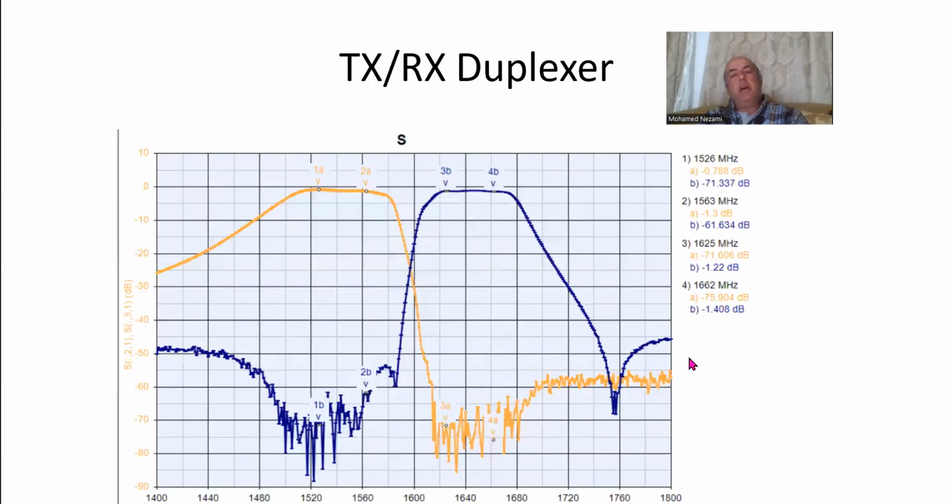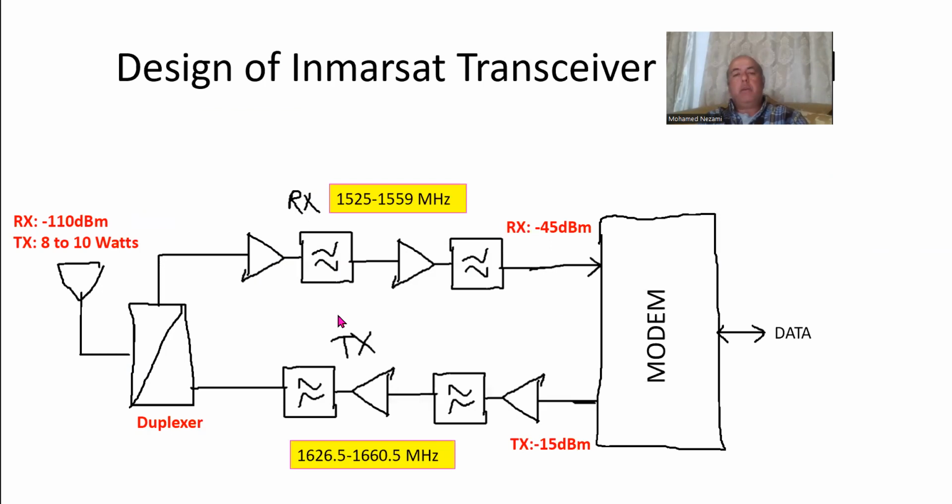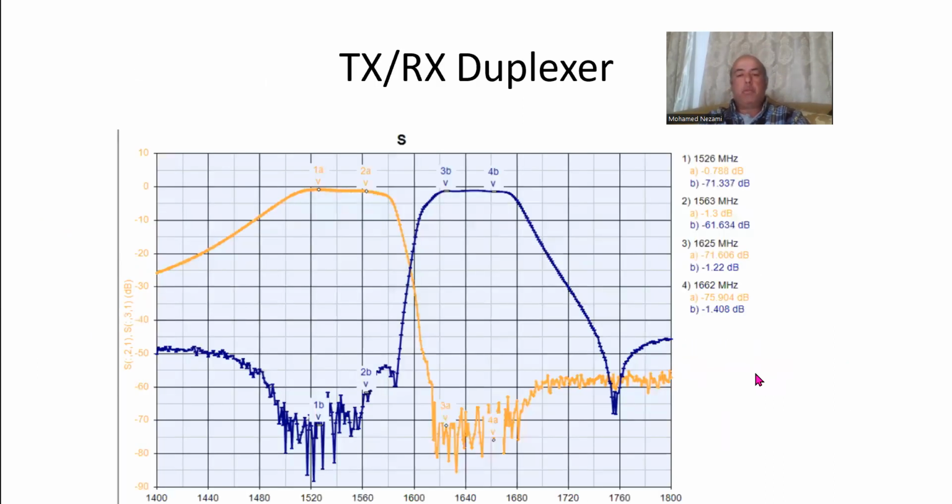So again, what we did today is we designed a system architecture for an Inmarsat transceiver front end, okay? We took this system here where we drew the block diagram by hand, and we realized it with real parts from manufacturers that we can buy off distributors like DigiKey and Mouser.